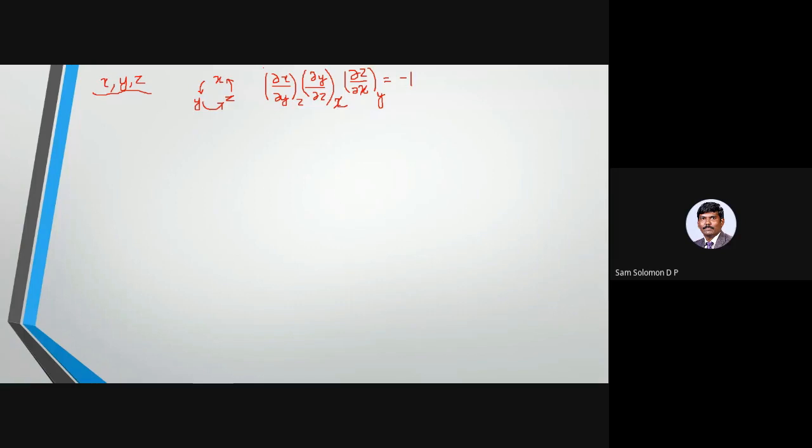This is a mathematical result. The proof of it is available in Thermodynamics by PK Nath. So if you are interested, you can go and look at that proof. You can try solving it also. It is worth solving it.